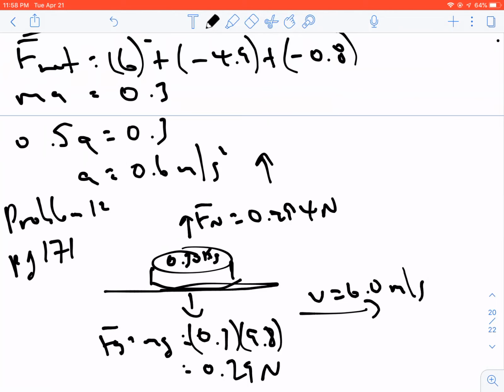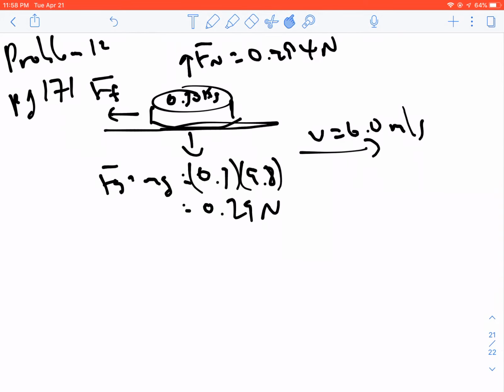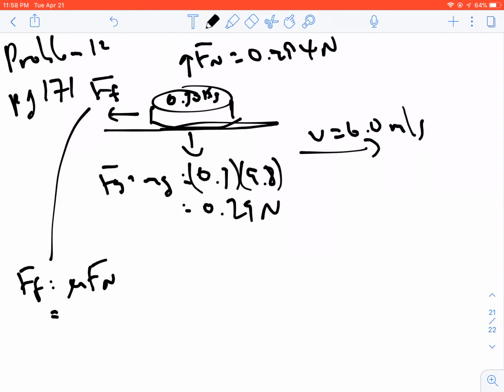Nothing is pushing or pulling on it until it hits the rough ice, and now it's going to get pushed back by friction. Friction's going to slow it down, right? To calculate my friction, I'm going to use mu times the normal. Mu is 0.10.